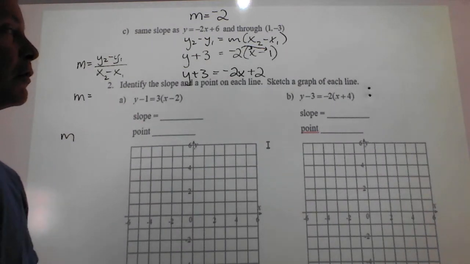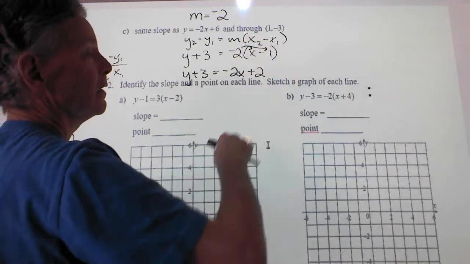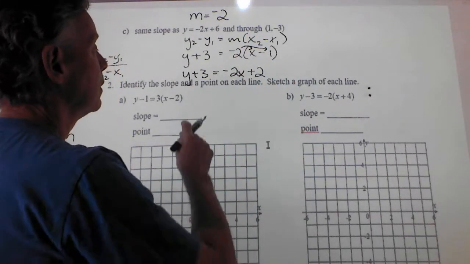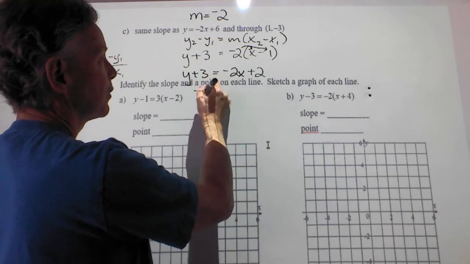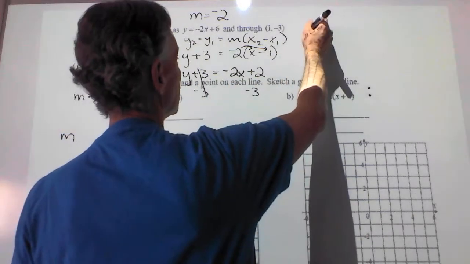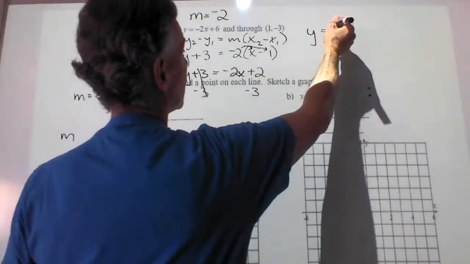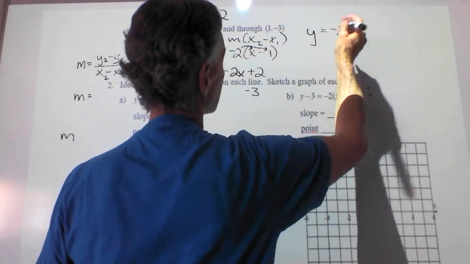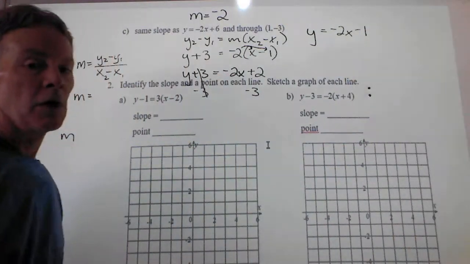Now, to put it into general form, remember, we have to move everything over to one side and then deal with the numbers. So, we'll subtract 3 from both sides. So 3 minus 3 cancels on this side, leaving us with y on the left, and on the right, -2x, and then plus 2 minus 3 gives us -1.